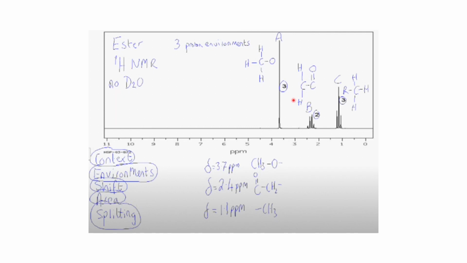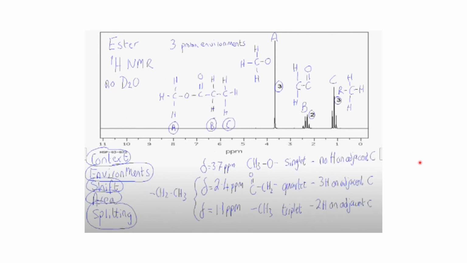So for peak A there are three identical hydrogens in the environment, which makes a CH3 group next to an oxygen. There are two protons in environment B, so there's a CH2 group near the carbonyl carbon, and there are three protons in environment C, so that is an alkyl methyl group. So we have got a list of all the fragments of our molecule.